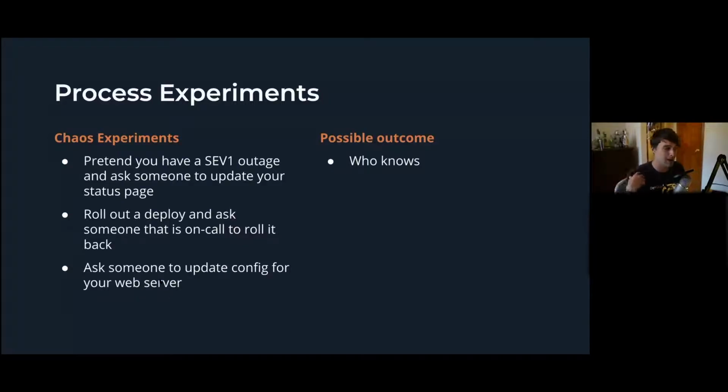Myself, I'm going to look for logs and find what I need by a different route than maybe my colleague would. If you have a Sev1 outage and you ask someone to update the status page, there could be a bunch of ways that they go about doing that. Rolling back a deploy: maybe I revert a merge, but somebody else uses Spinnaker to roll back a deploy. There are so many different ways that we can change our systems with only our keyboards.